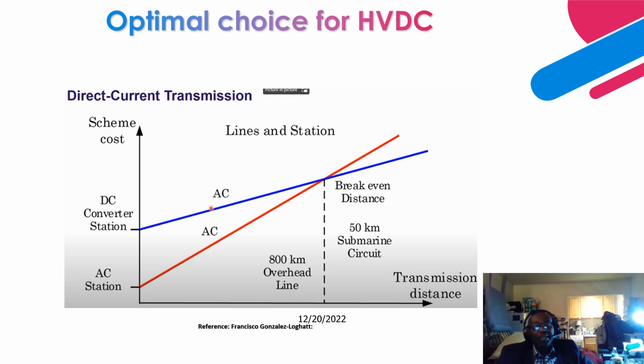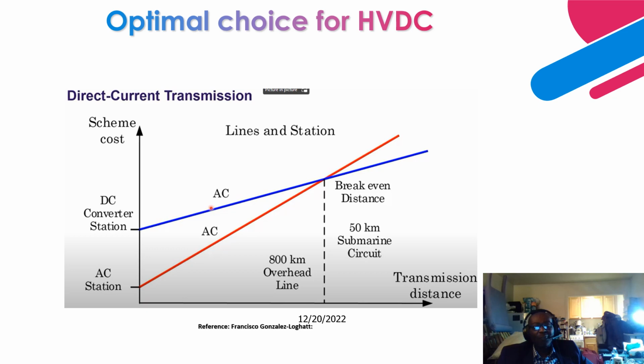Now let's talk about submarine cable. At distances between 50 kilometers to 80 kilometers, below that is when you can utilize a high voltage AC transmission system. But at distances greater than 50 to 80 kilometers, you want to decide on an HVDC transmission system, especially when you tie it with load.